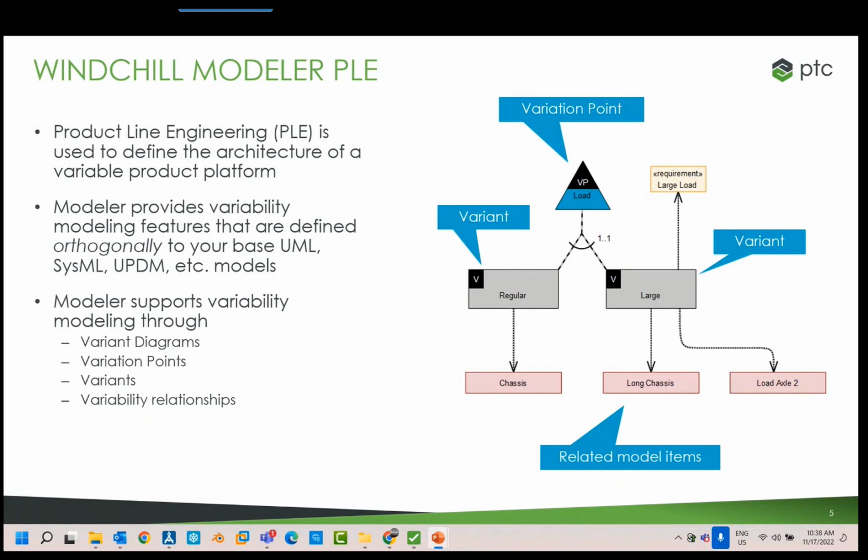Then we make some choices and it removes things. So we're only left with the design elements we want. And we can apply this to anything in the model. So we can apply it to requirements, use cases, blocks, which gives us a really powerful way of managing variability.